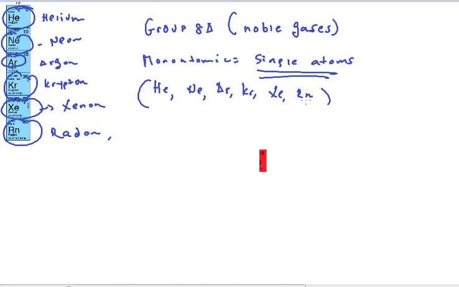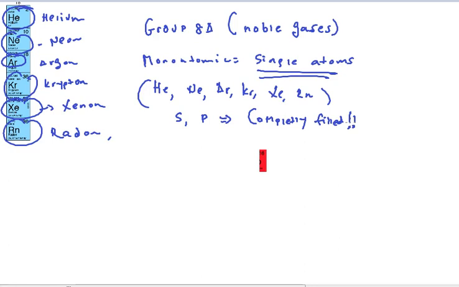Group 8A elements are notoriously unreactive because their valence shell, the s orbital and the p orbitals, are completely filled. Because of that, they don't need to react with any other substances.